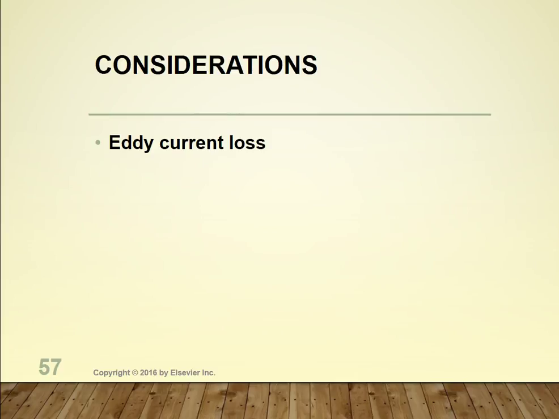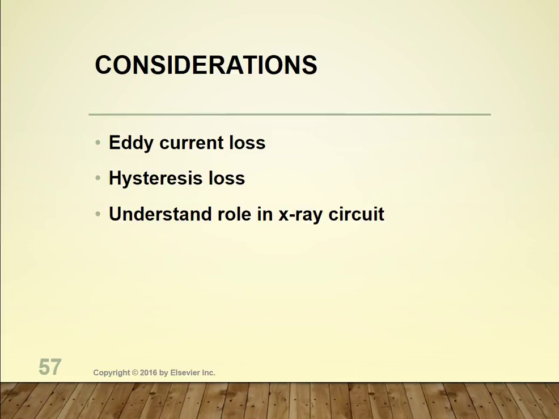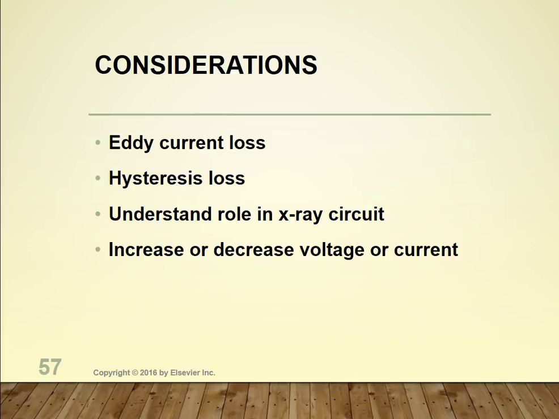One is eddy current loss, or heat loss, or hysteresis, and that is loss because the voltage is applied in a nonlinear fashion to the core. But just know, for the sake of understanding, those two things happen. In the X-ray circuit, sometimes we have a transformer that needs to increase or decrease the voltage, and in others it may be used to increase or decrease the current.